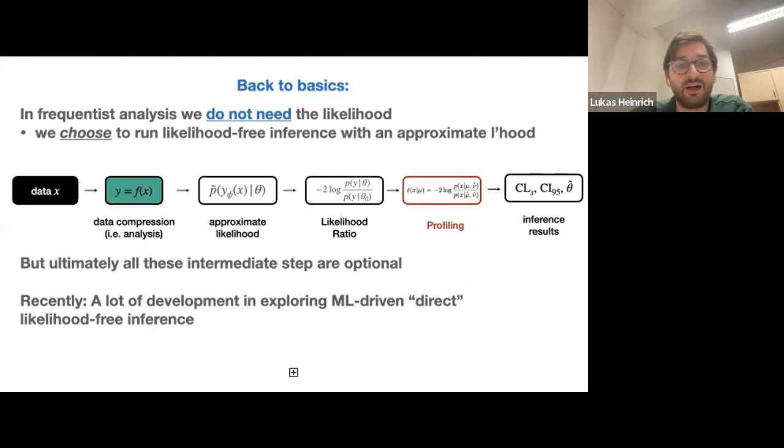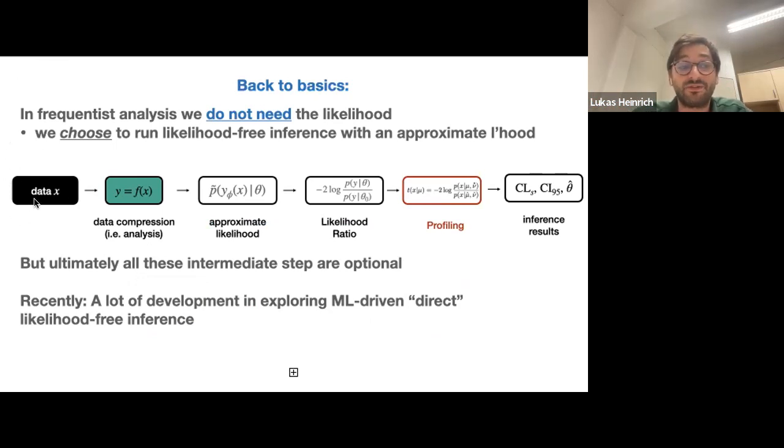Yeah, that's fine. And so you can go back to the basics and say, okay, in frequentist analysis, we really don't need the likelihood. We chose to model a likelihood in order to turn a likelihood-free inference problem into a likelihood-full problem, which is in some ways easier to reason about, but you really don't need it fundamentally.